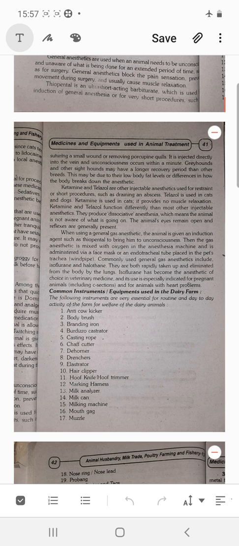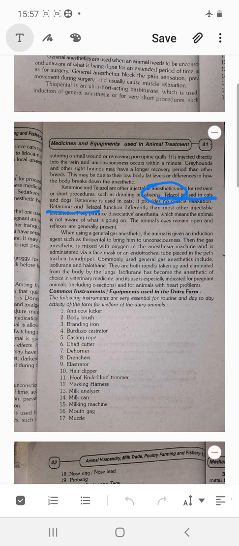Telazol is used in cats and dogs. Here you have to mention which anesthesia is used in cats and dogs: this is telazol, the very common anesthesia used in dogs and cats. Ketamine is used in cats. So in cats we use two anesthetics, telazol and ketamine.